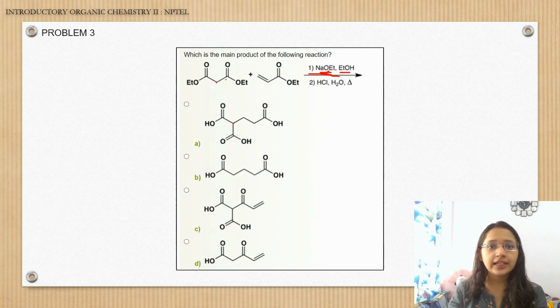The electron withdrawing groups are these ester groups, right? These carbonyl groups are connected, and in between them this CH2 is there. So this CH2 is sandwiched between two electron withdrawing groups, and they are withdrawing the electron density from it. So this carbon is getting much more electron deficient, right?